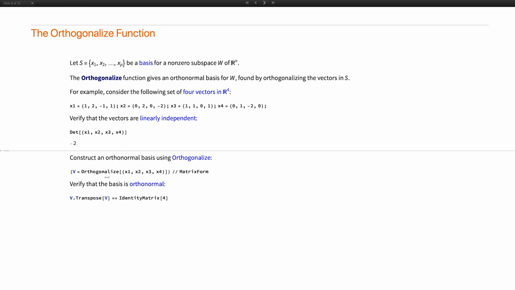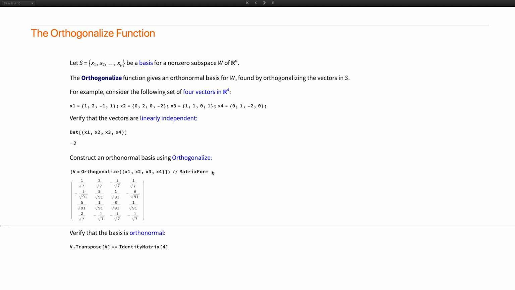Use the built-in function Orthogonalize to get the basis, and check that the basis is actually orthonormal. That just says that you have an orthogonal matrix, so you have an orthonormal basis. So this function is very useful for constructing these orthonormal bases.